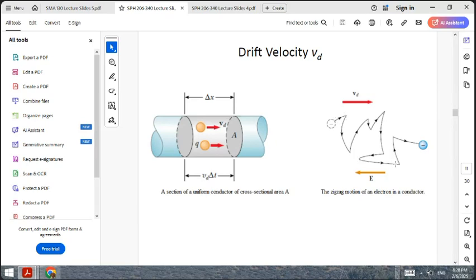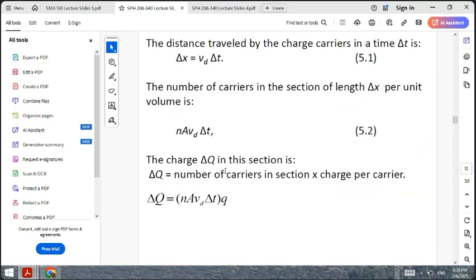And in practice, charge carriers don't move in a straight line. They actually move in a zigzag manner. Again, if you remember in secondary school, you were taught something known as Brownian motion, which is zigzag in manner.